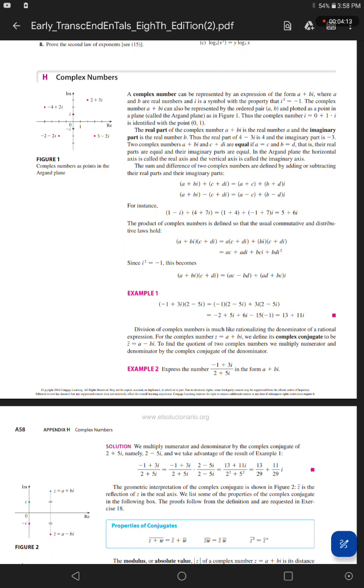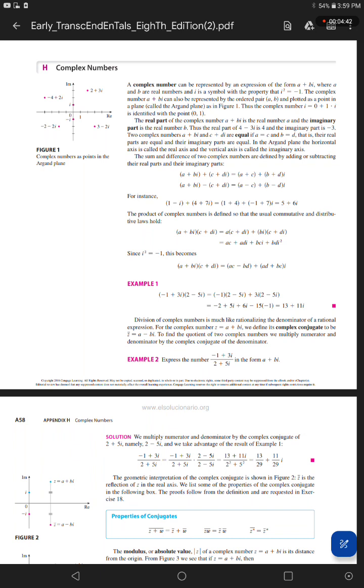Since i squared equals -1, this becomes (a plus bi)(c plus di) equals (ac minus bd) plus (ad plus bc)i.